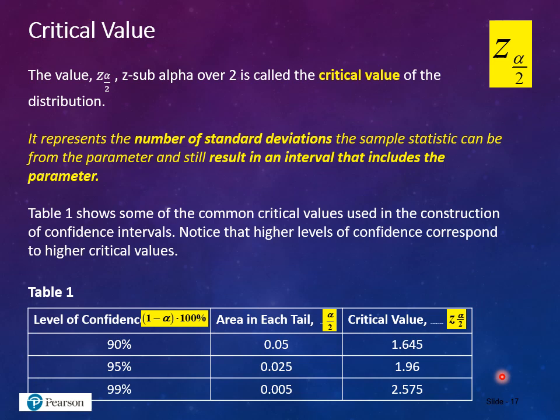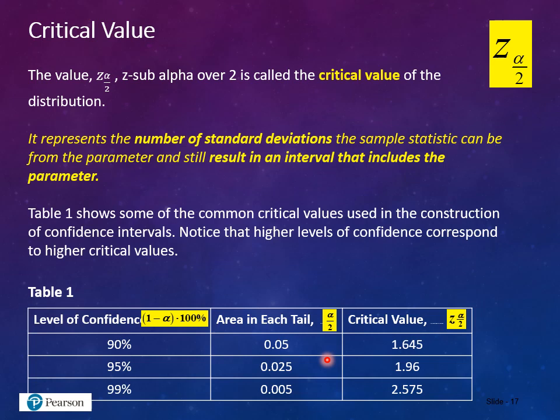Okay. And I like how this table builds. You've got the level of confidence, right, which is the (1 minus alpha) times 100%. Then we have the area in each tail, right? That's depending upon our level of confidence, whatever that alpha is, right?